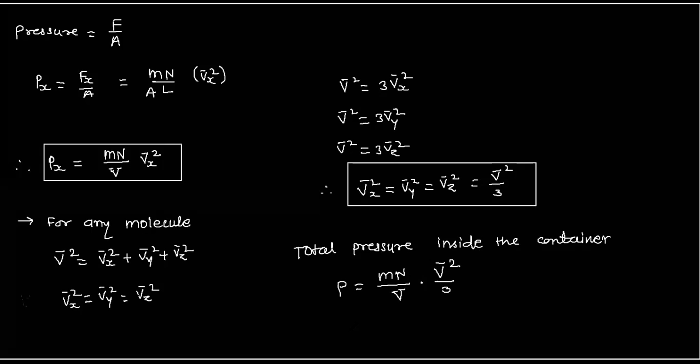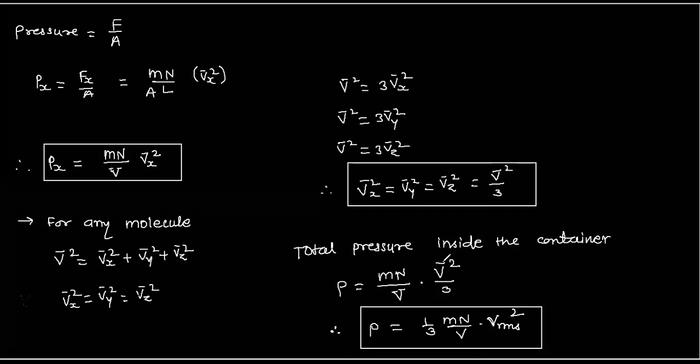Therefore P is equal to 1 by 3 m n by V into V RMS whole square. This is your pressure formula.